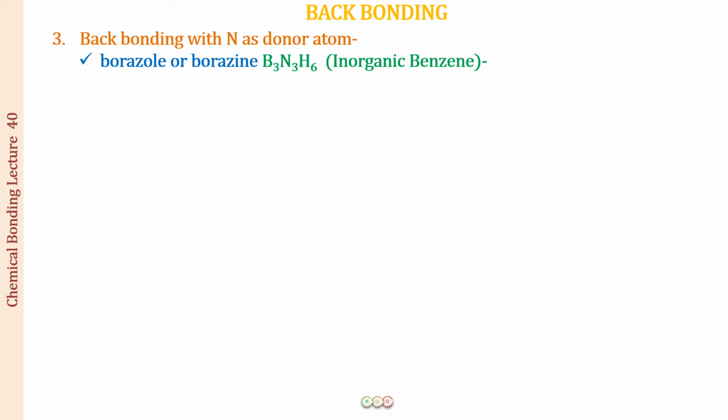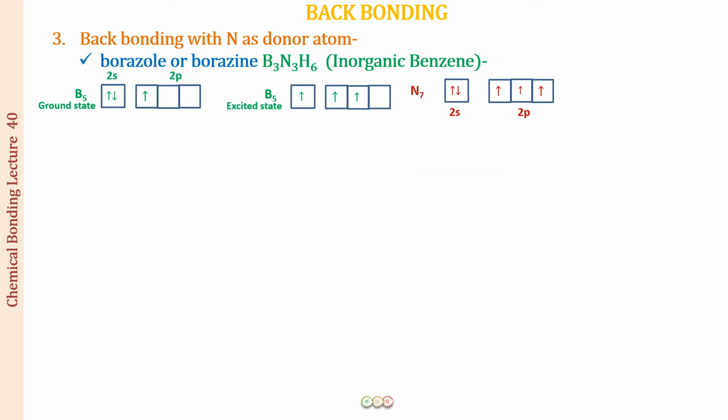All right. So here we have boron and nitrogen showing back bonding, and if we look at the electronic configuration for the two, boron in the ground state is 2s2 2p1. You have all seen this in the previous lecture. Very importantly, we have discussed so much about boron in the previous lecture. In the excited state, it has 3 half-filled orbitals which participate in the formation of sigma bonds.